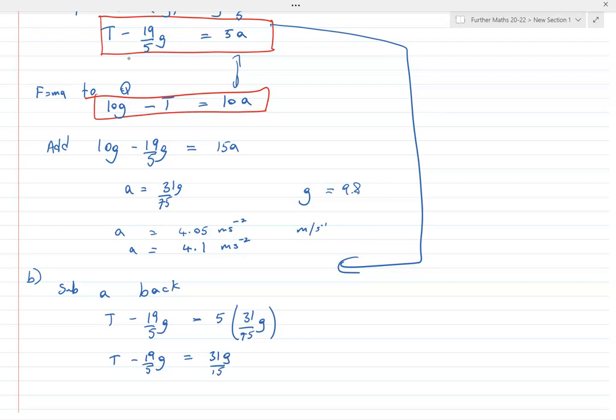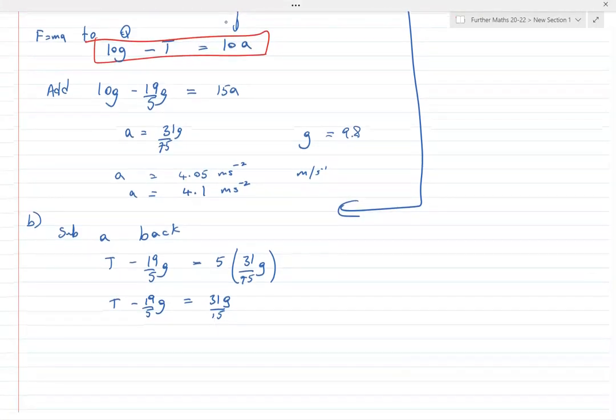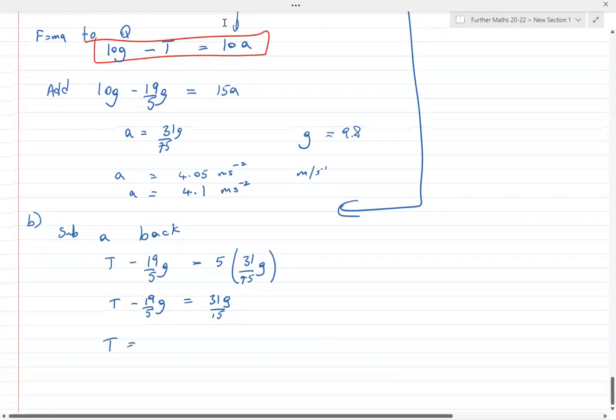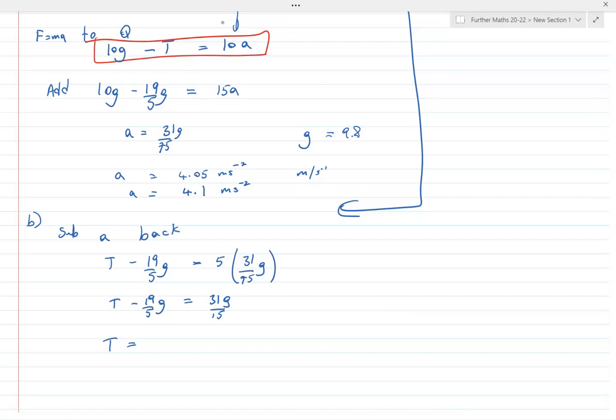And then if I take that over to the other side and put over a common denominator, 3 times 19 is 57, plus 31, which is equal to 88 over 15g, which again has some advantages as an exact answer like that.